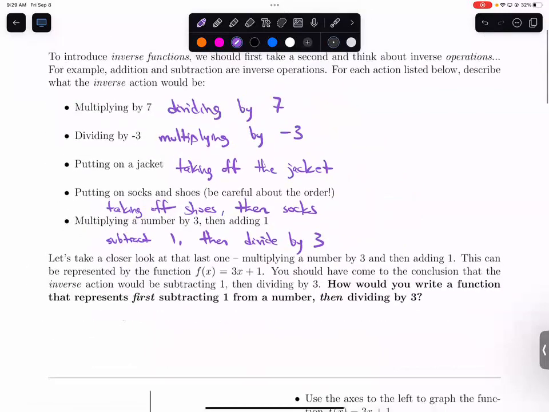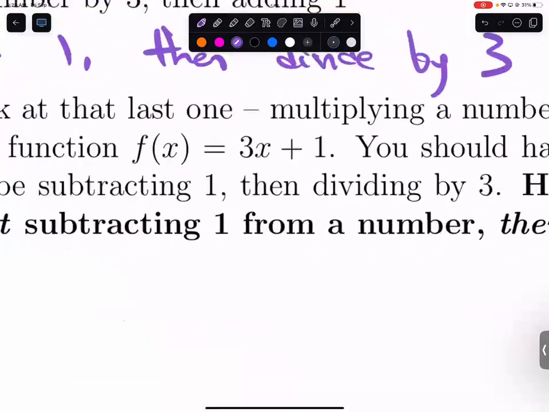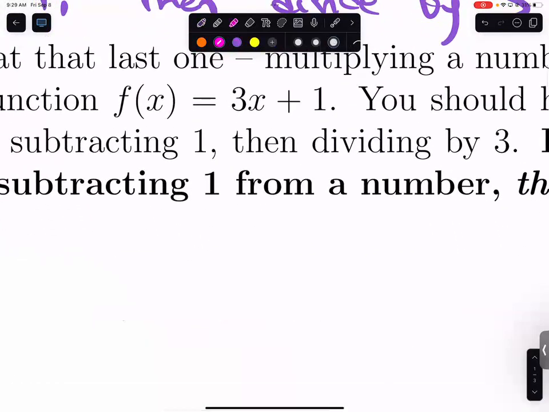Okay. Of course, most of the stuff that we're going to look at is going to be mathier, right? Like that last one. So if we talk about the original thing, the thing I gave you, the printed part, multiplying a number by 3, then adding 1. If I wanted to write that as a function, I could do it like this, right?